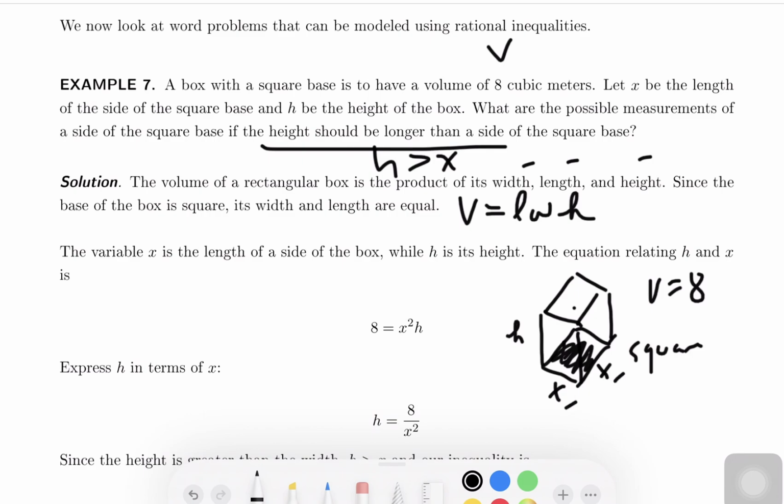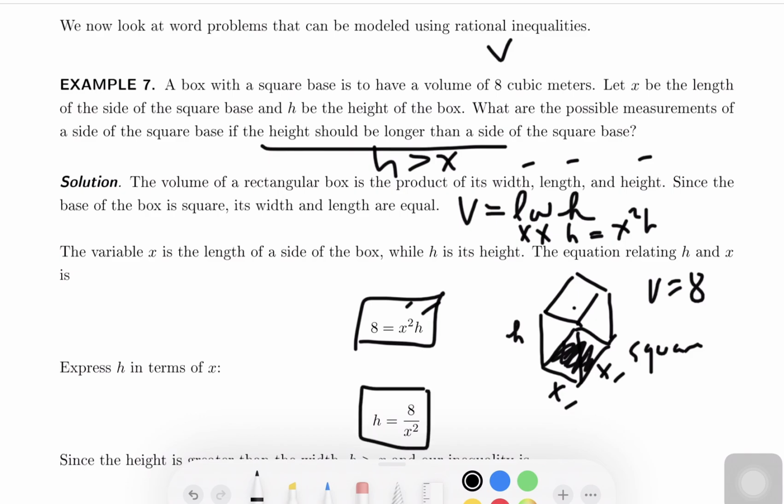So that is why we have x squared times h. X times x times h, meaning x squared times h. And the volume is 8. So we have this. Now solving for h, divide by x squared. So h is equal to 8 over x squared.